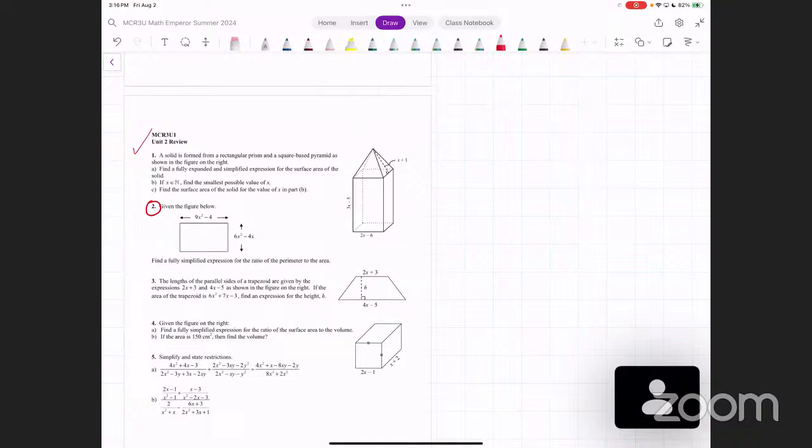You don't need to draw the diagram. The question is asking, find a fully simplified expression for the ratio of the perimeter to area. Just show the steps.